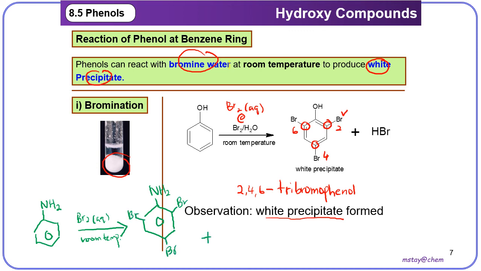The side product is similarly HBr. The observation is also a white precipitate. So do keep in mind that both phenol and aniline react with bromine water to give a white precipitate, and the bromine will replace the hydrogen at positions 2, 4, and 6.